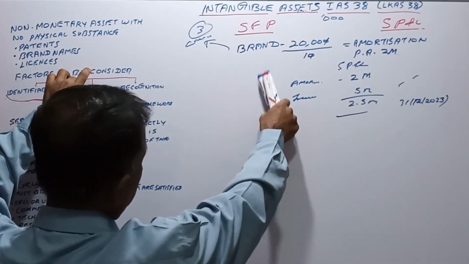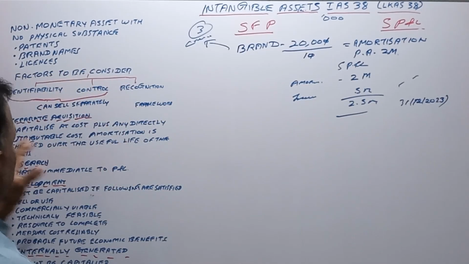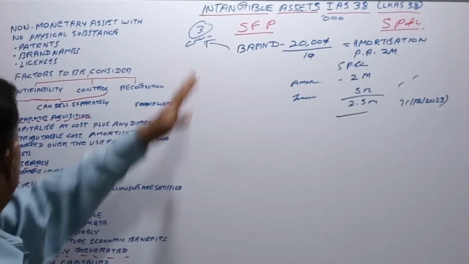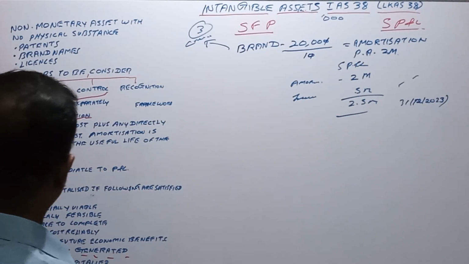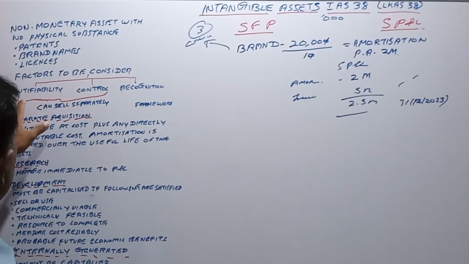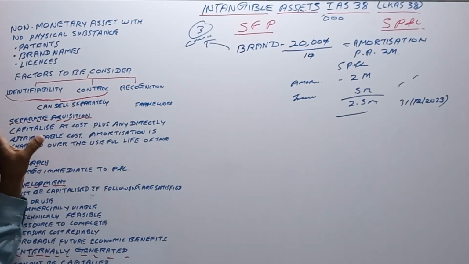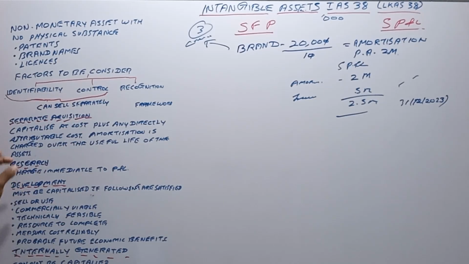In this question, control is not there, and the active market is also not there. Recognition, identifiability and control should be there. If one of these is not there, you cannot capitalize it.